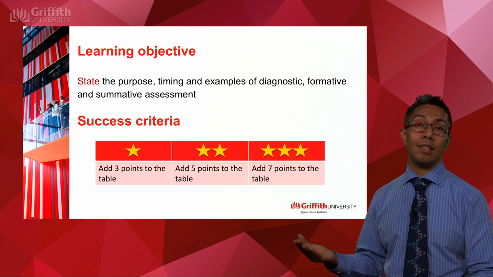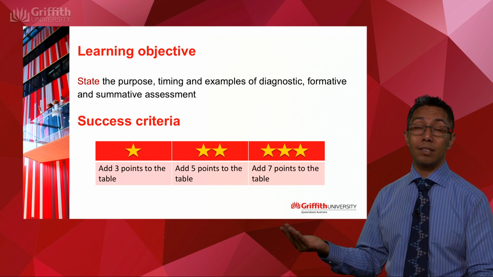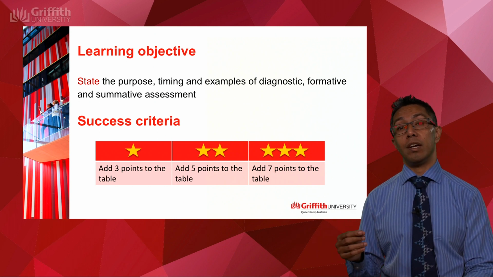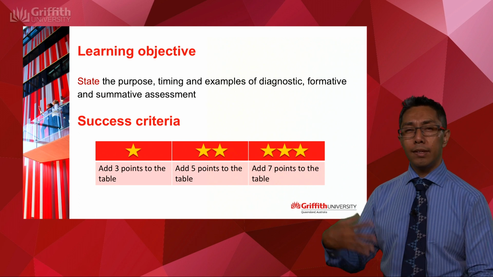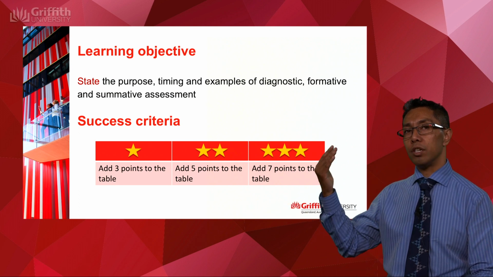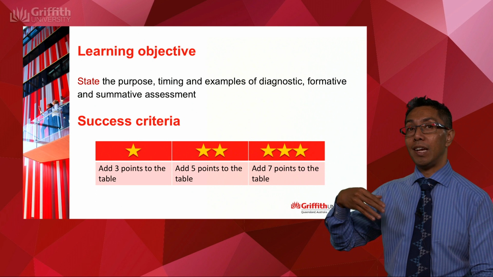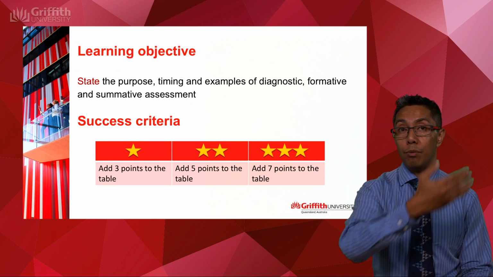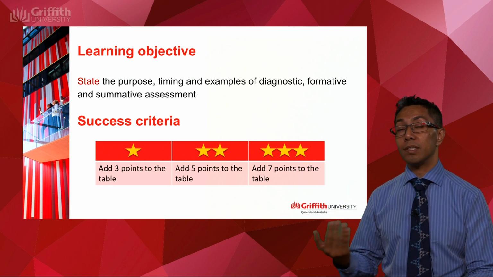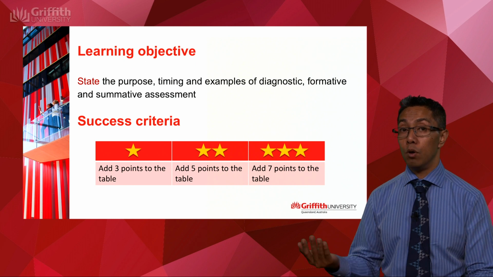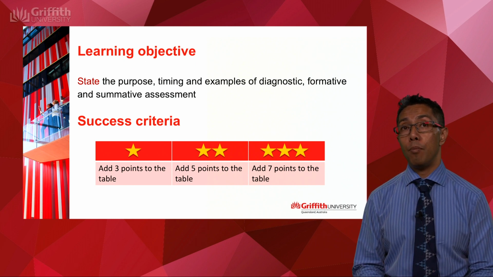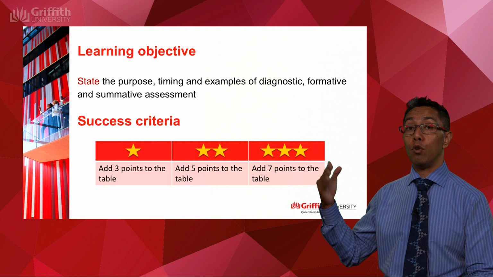Now, what's different in this lecture, and it's quite obvious, is the success criteria. So when you're teaching, this is pretty much what you're going to have either on the board or as one of the slides in your PowerPoint. If you're going to teach with PowerPoint, you'll have your learning objective or your WALT.